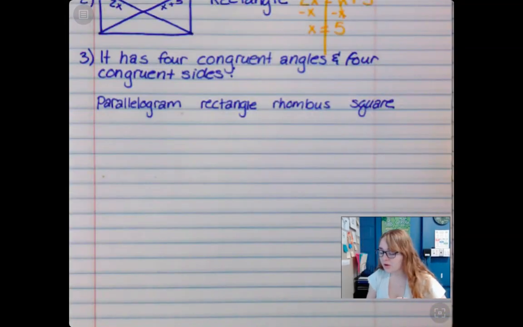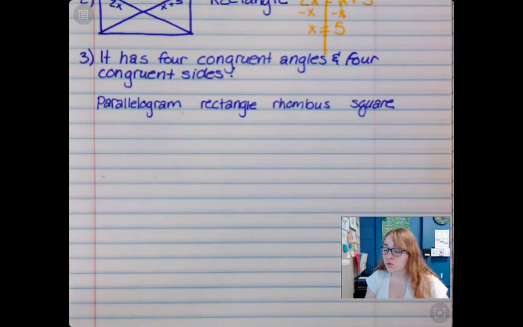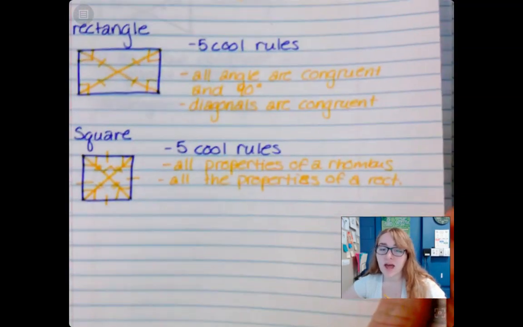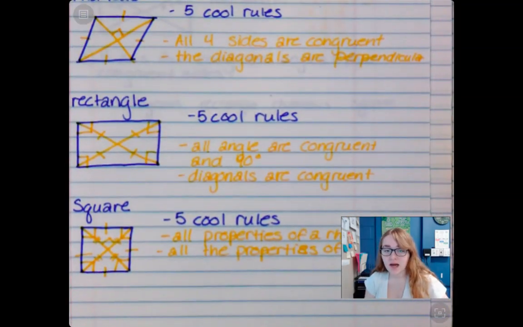All right, our third and final example here, we have a sentence. It says, this shape has 4 congruent angles and 4 congruent sides. And then we would have to circle which of our special parallelograms, or just parallelograms overall, apply to this rule. So looking back at our sheet, we want to look for something that has all congruent angles and all congruent sides.